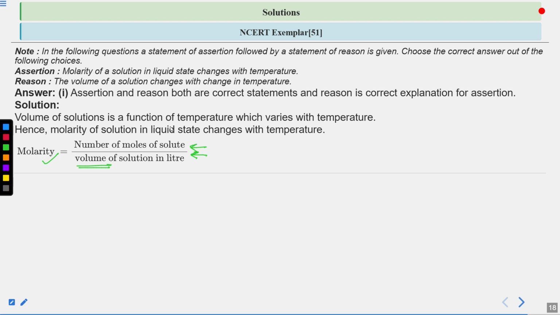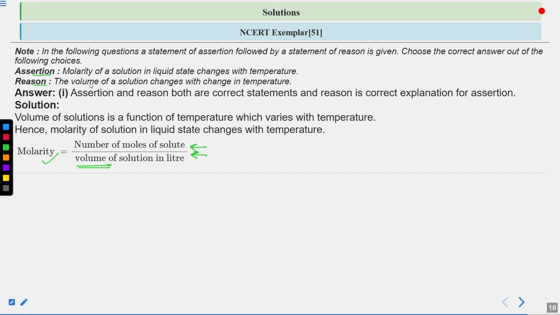And if you decrease the temperature of the solution, again the volume will also change. So that is the reason that the molarity of the solution in the liquid state will change with the temperature. And that's why we have assertion and reason.